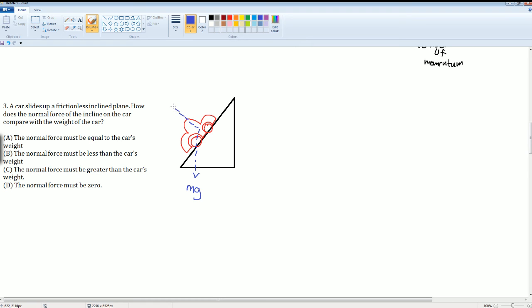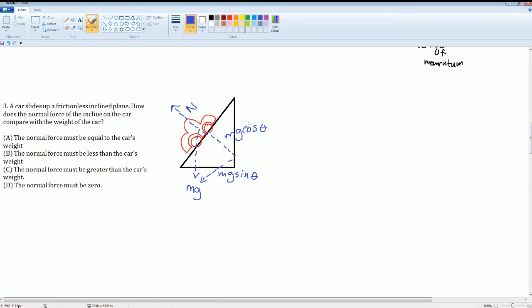Perpendicular to the surface is the normal force. Then we have the force going down this way, which is mg cosine theta, right? And we have this part, mg sine of theta. Okay, how does the normal force of the incline on the car compare to the weight of the car?